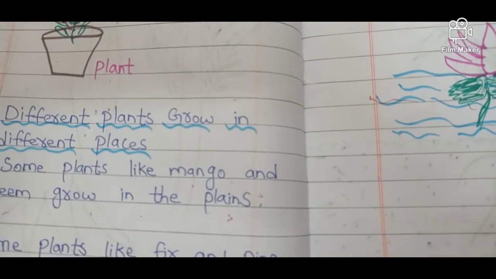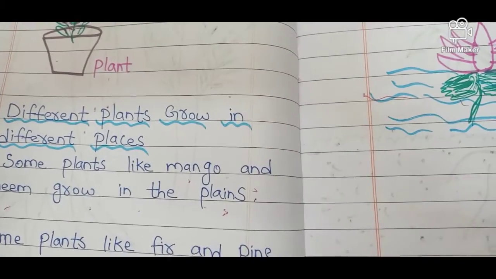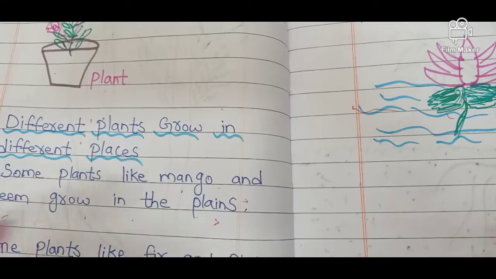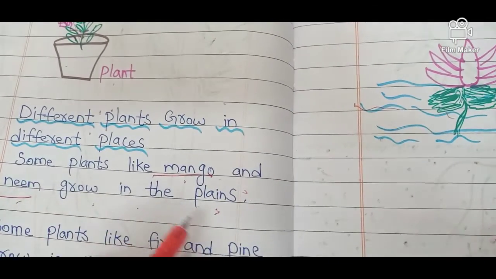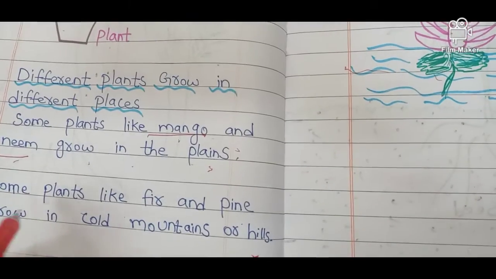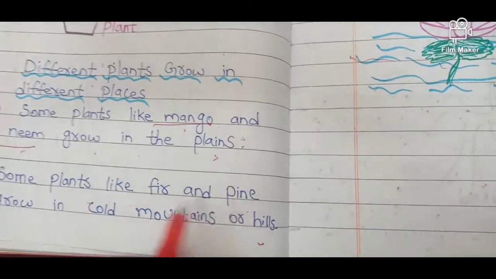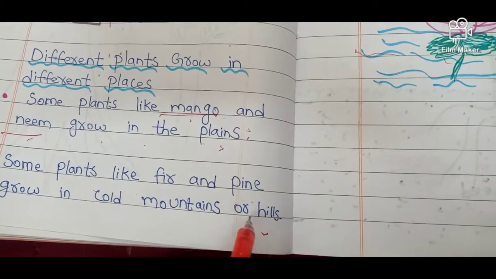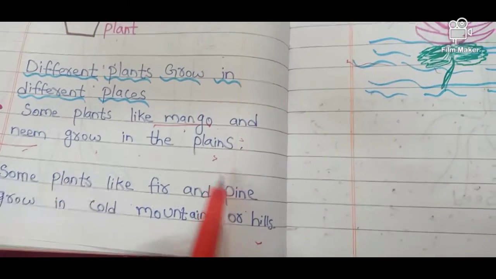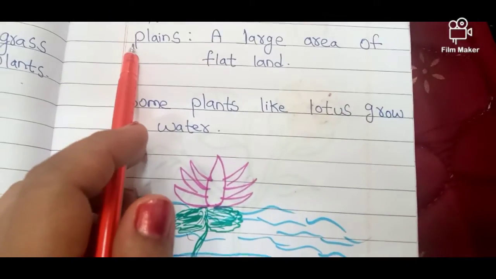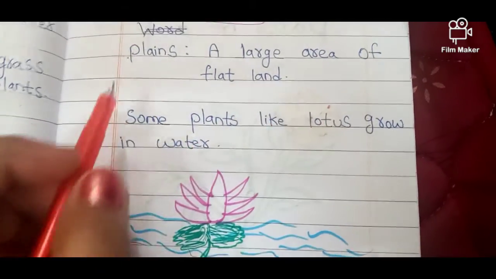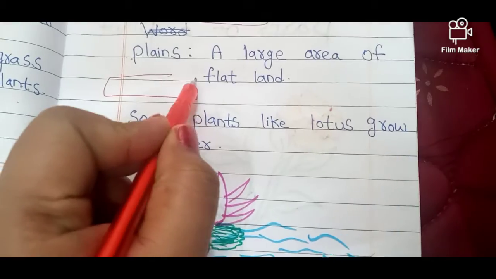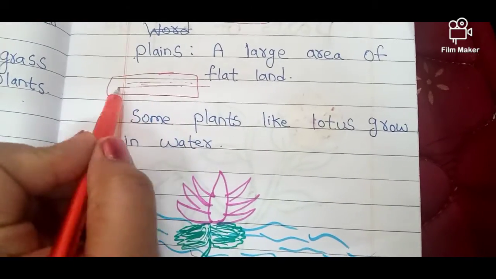Next, different plants grow in different places. Some plants like mango and neem grow in the plains. Some plants like fir and pine grow in cold mountains or hills. So children, what are plains? Plains means a large area of flat land.